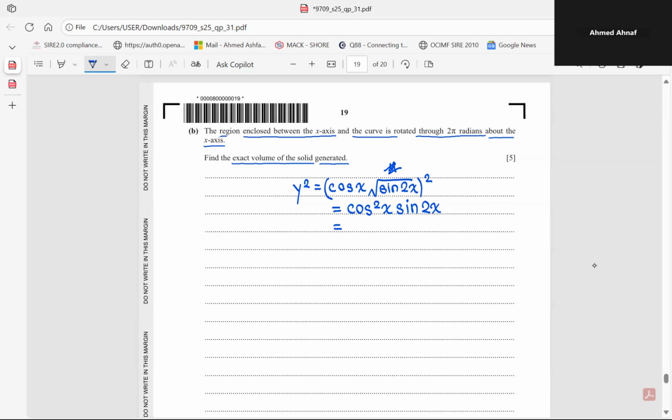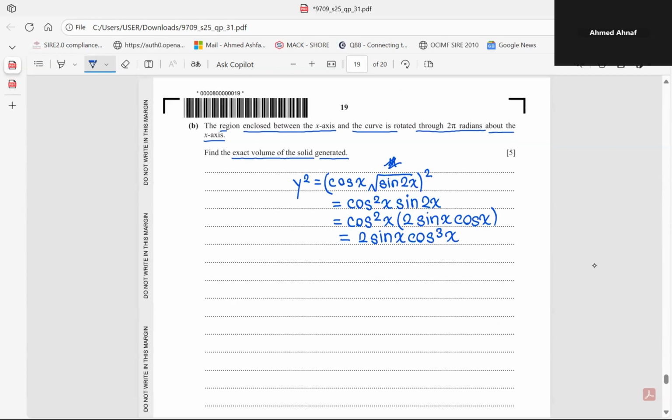To make the integration simpler, we're going to use the double angle formula for sine 2x, which is 2 sine x cosine x. So this would just be 4 sine squared x cosine cubed x. So this is our value for y squared.